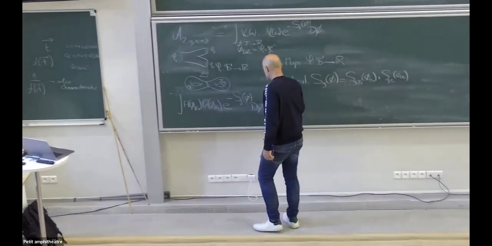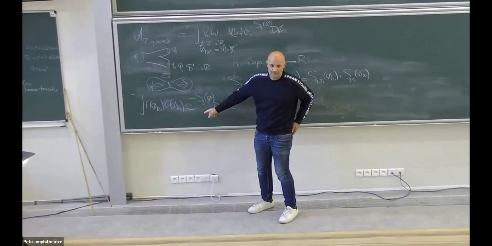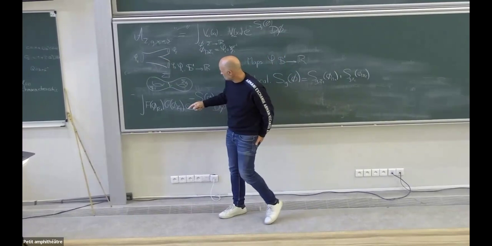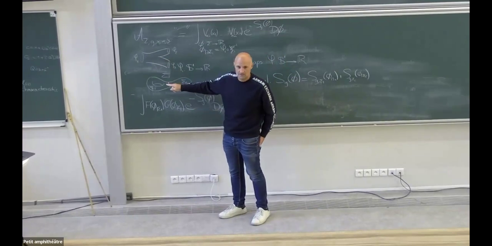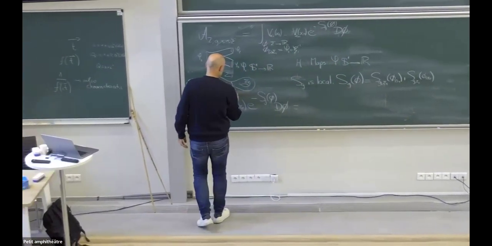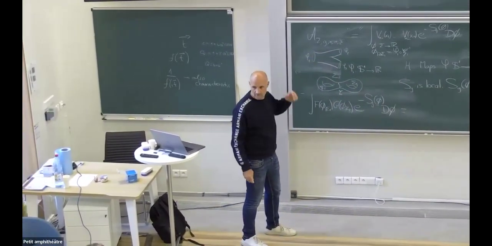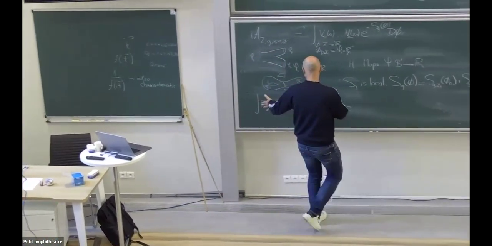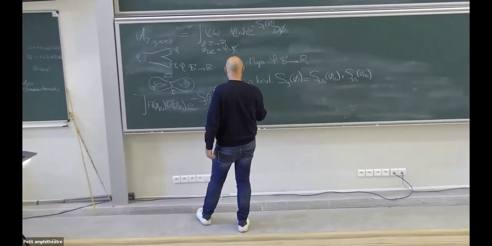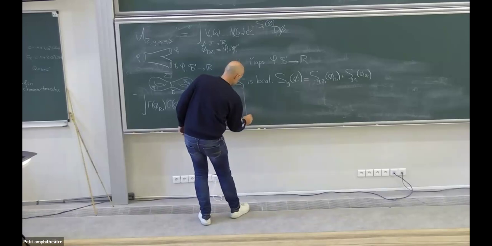If you have this, you can try to disintegrate this measure with respect to the value of the field along this curve C. It's just a disintegration theorem. Here it's on an abstract functional space, but you may integrate over those phi defined on the curve.